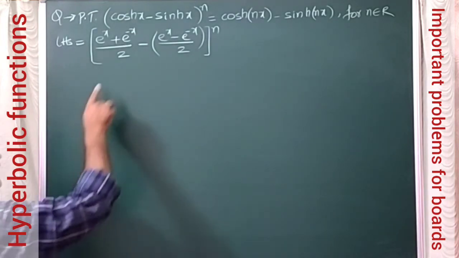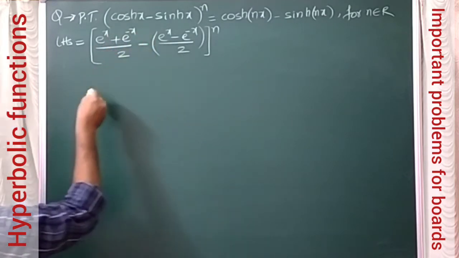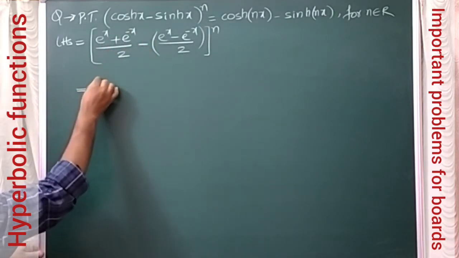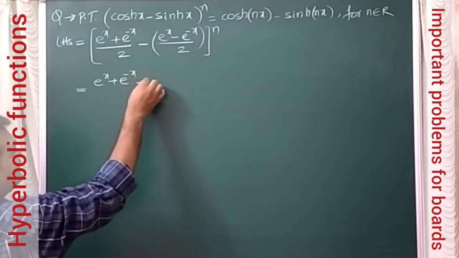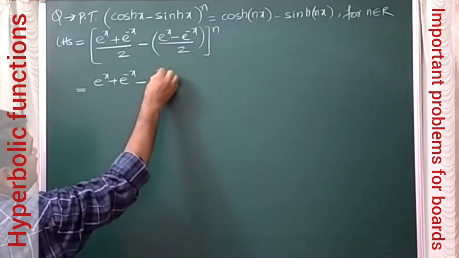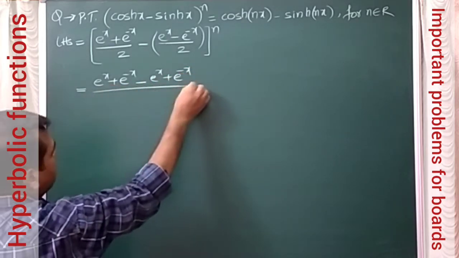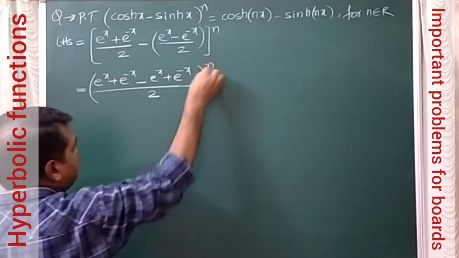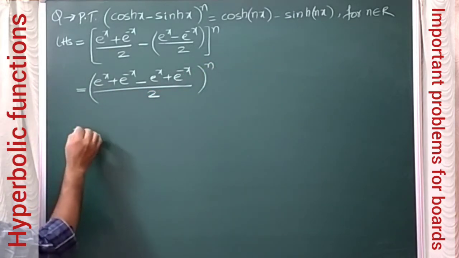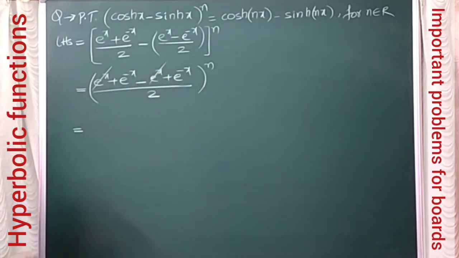LHS. Now see, denominator is same. So therefore I can combine the numerators. So (e power x plus e power minus x minus e power x plus e power minus x) by 2 whole power n. So e power x minus e power x cancel.